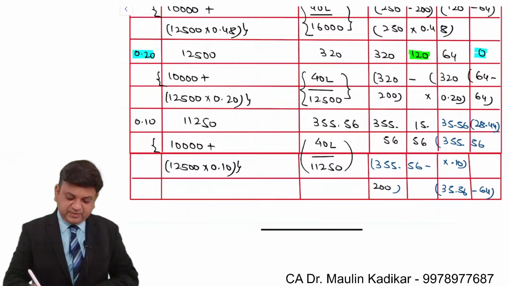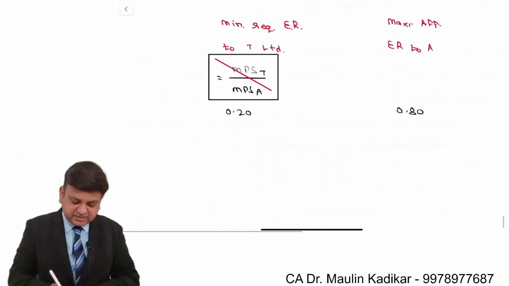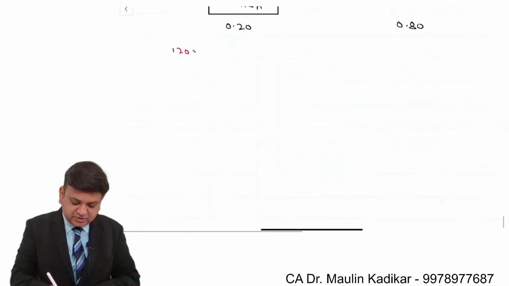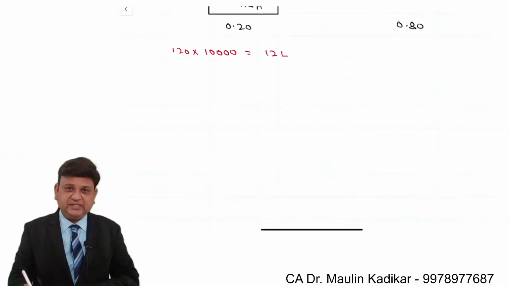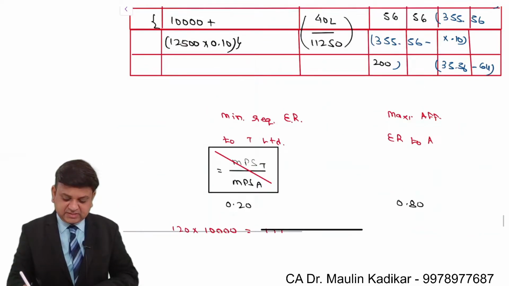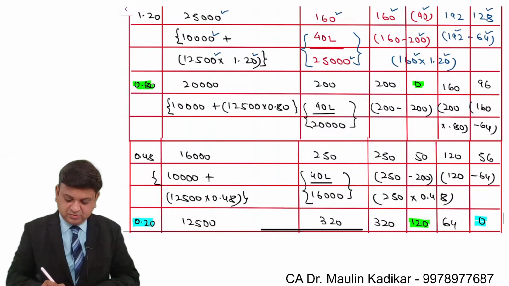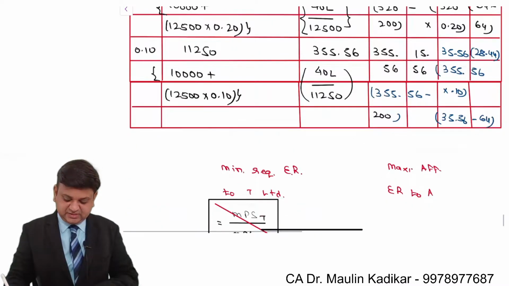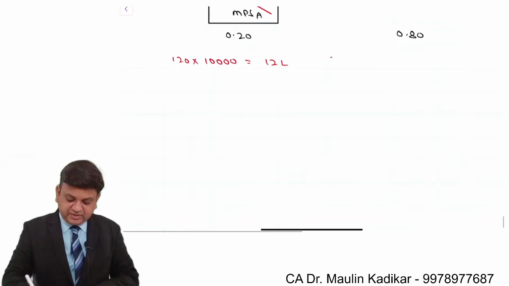This 120 rupees per share is nothing else but the gain or benefit due to merger, that is 120 into 10,000. That comes to 12 lakhs. And when exchange ratio is 0.80, at that time the target company is having a profit of rupees 96. So profit is 96 rupees per share into number of equity shares, 12,500.